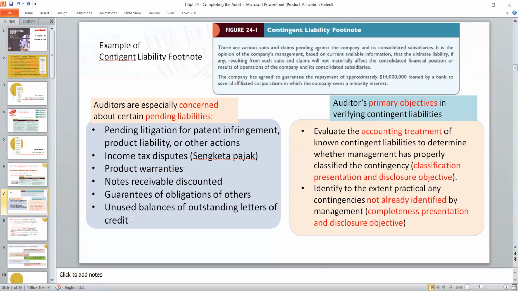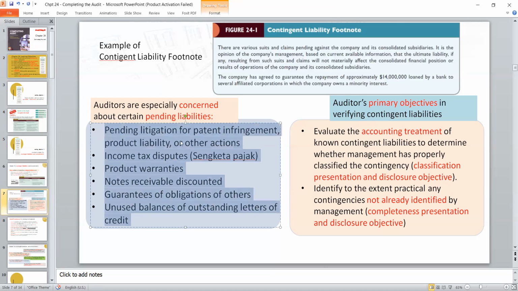These are the things you have to be concerned about: the pending liabilities, especially tax disputes and litigation matters. This is a kind of unexpected uncertainty, and the amount is usually material.